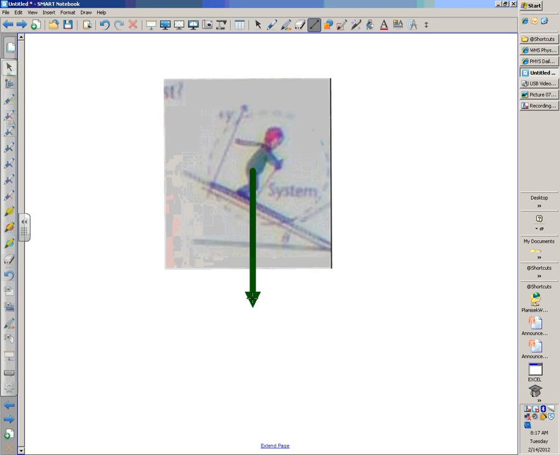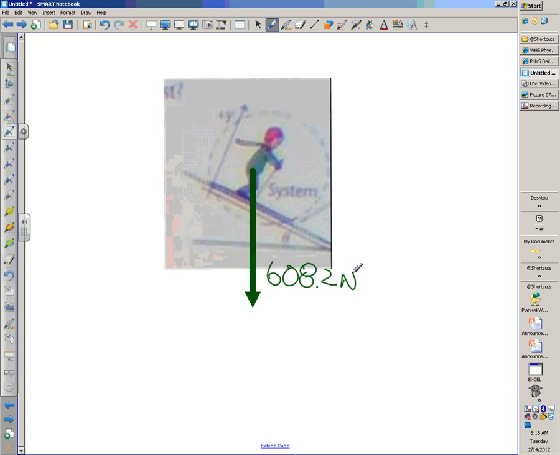Why don't you do that? So what did we find out for our force of gravity? 608.2 newtons.